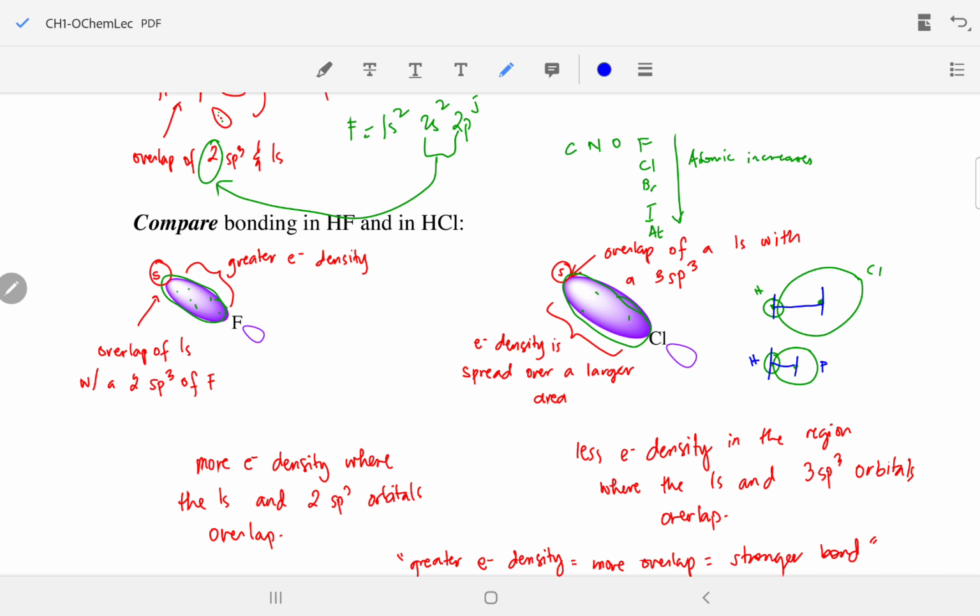Whereas in HF, the overlap here is smaller compared to chlorine, but the electron concentration or electron density is greater in HF. And if there is greater electron density, there is more effective overlap, and this is a stronger bond. It is difficult to break this bond because the orbital is densely populated with electrons as compared to HCl.